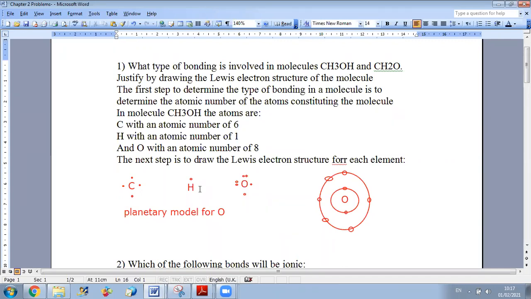So the dominant type here will be covalent bonding between them. Because they will tend to share their electrons in order to achieve a stable set of 8 or 2. For hydrogen it is 2, for C and O it is 8.